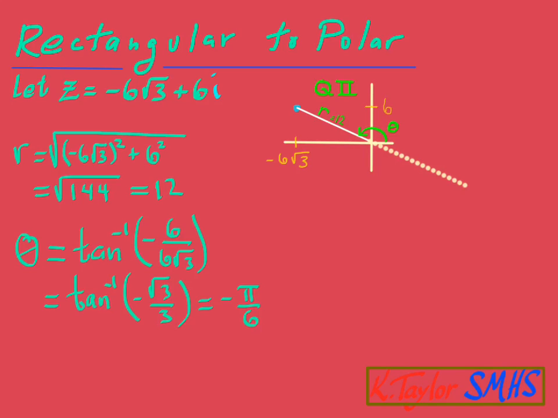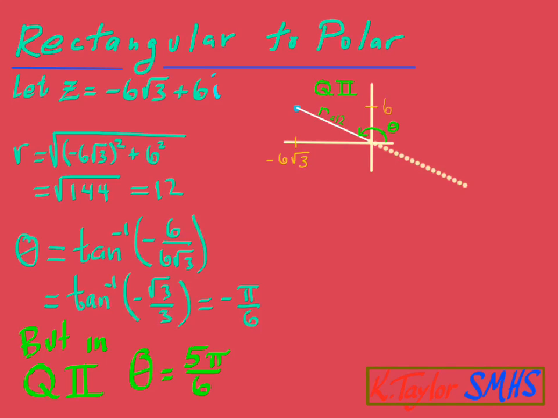But it's not in quadrant 2. In fact, it's 180 degrees away. So if you add pi to this, in quadrant 2 that angle would be 5 pi over 6. We can get that just from knowing the unit circle well enough, or by adding pi to what we got in the first place. In any case, our angle is 5 pi over 6.